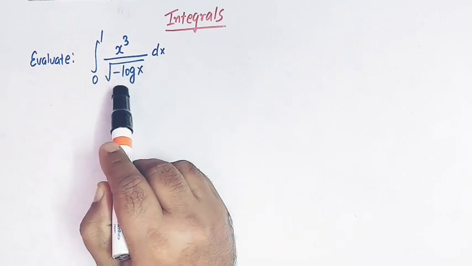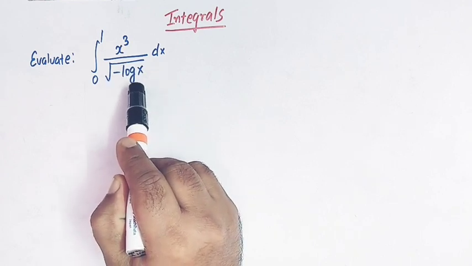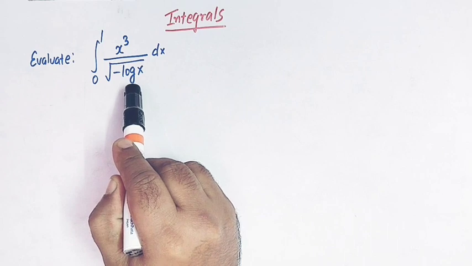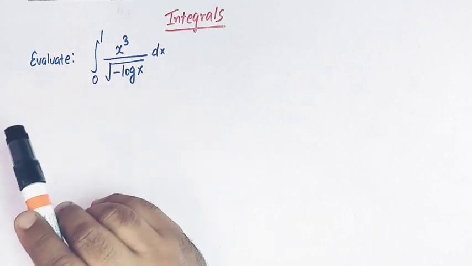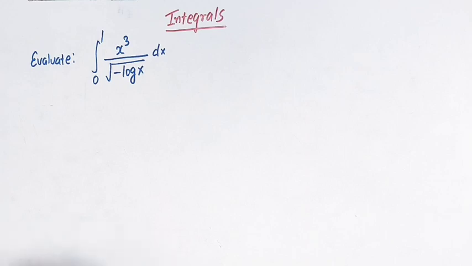And here log of x is the natural log of x, so the base is e, right? So what we will do here, we'll make use of the method of substitution, and then we'll apply some important results from gamma function, right?